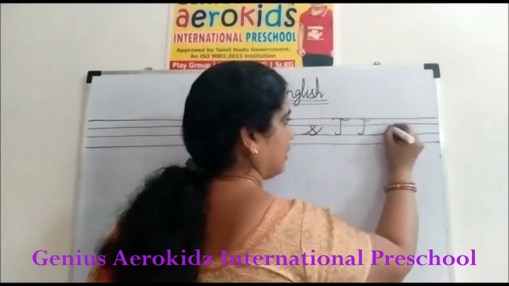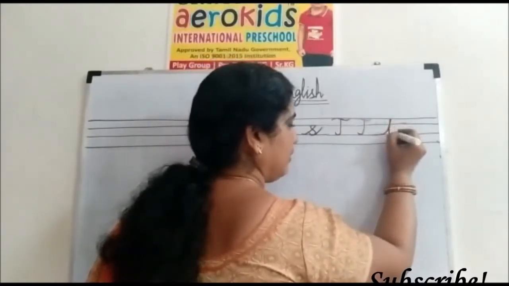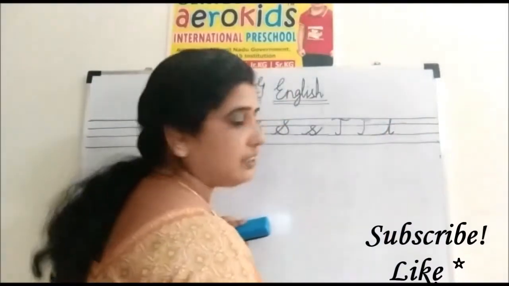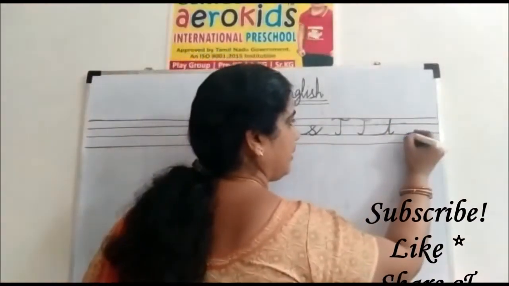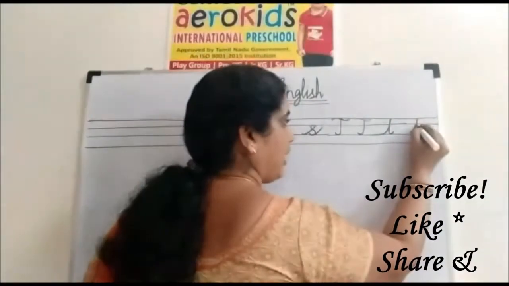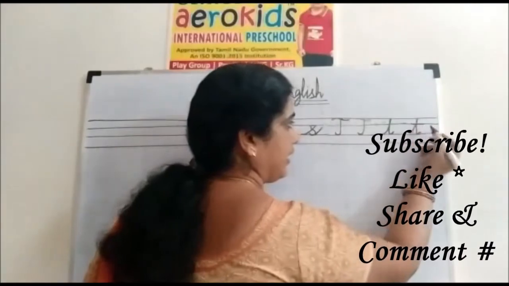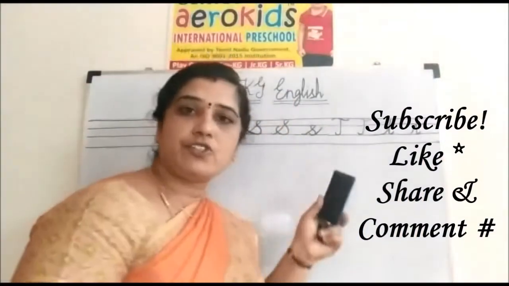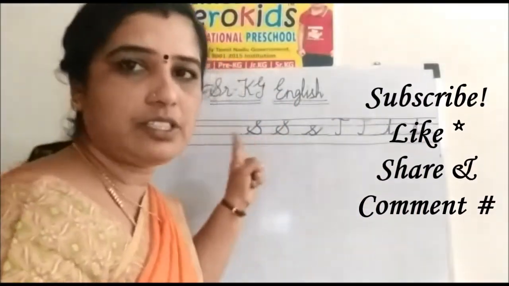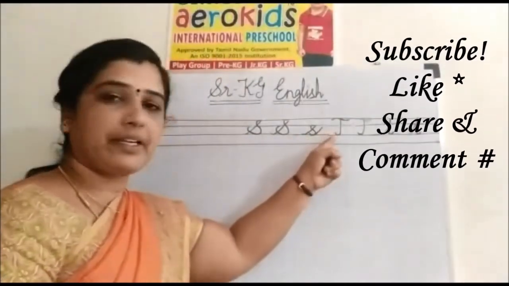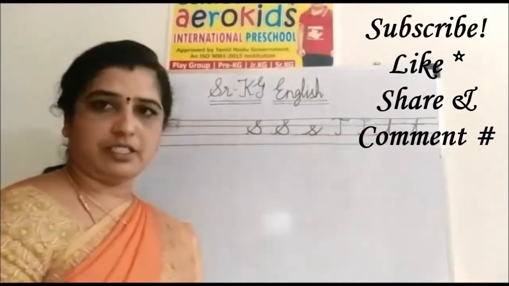See, start from here, come like this, and this is our lowercase T. Again going to the top and come down to the second fence, with the extension and a horizontal line. That's it. So this is uppercase S, lowercase s, uppercase T, lowercase t.